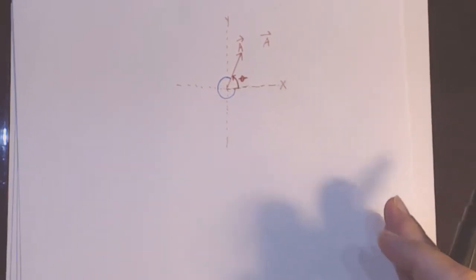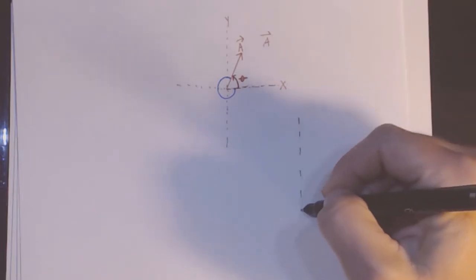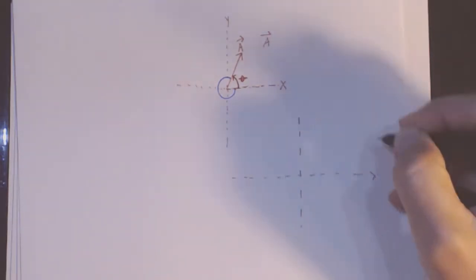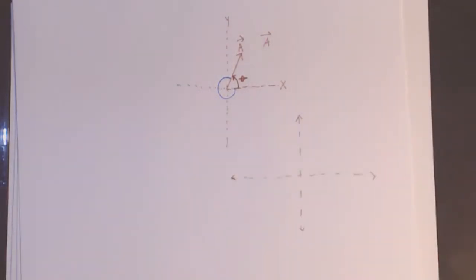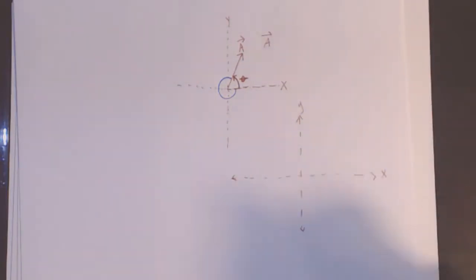If I want to take this vector and write it not in terms of its length and angle, but instead write it in terms of something else, I would have the option of doing the Cartesian notation. Cartesian is like x and y components for my vector.